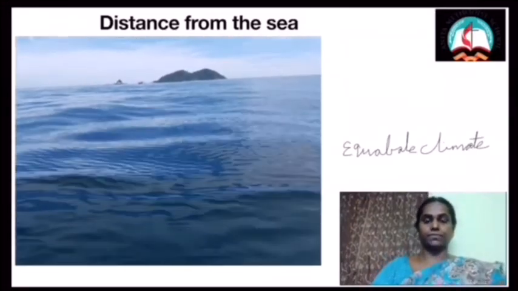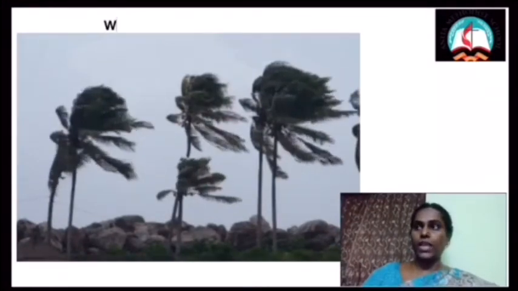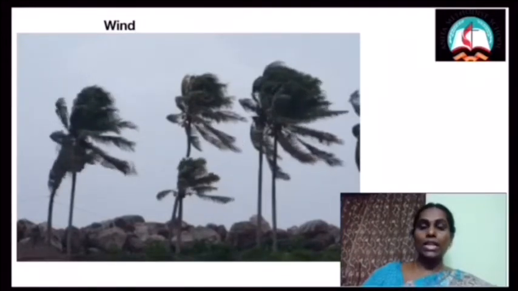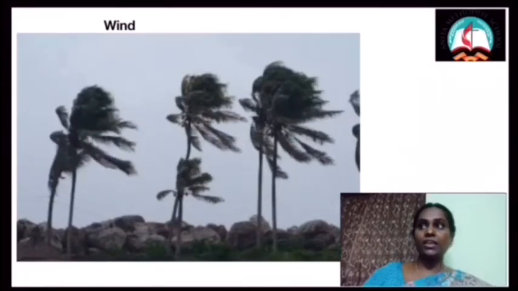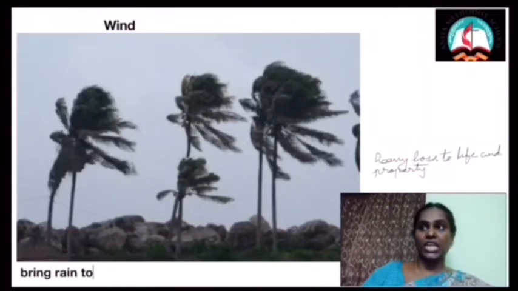Then, wind. When the winds blow from sea to the land, they bring warm temperature, while the winds that blow across the land bring dry temperature. For example, the westerly winds originate in Mediterranean Sea and blow into the northwest India.